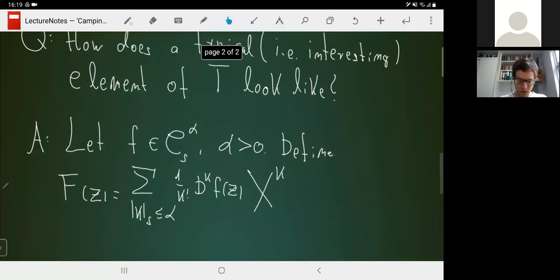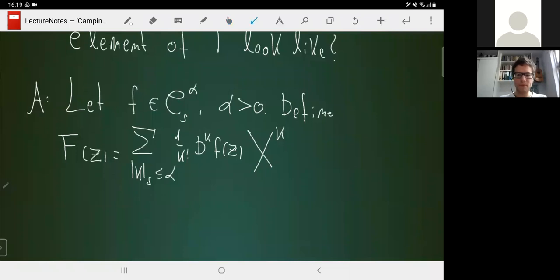I don't know what it reminds you, but it should remind you a little bit of the Taylor polynomial. If you remember Taylor's theorem, it tells you that a sufficiently smooth function you can approximate with a polynomial. And what are the coefficients of these polynomials? Well, exactly these. So in a sense, this is really the abstract version of the Taylor polynomial. And one note, this is also good to train a little bit the notation we introduced.